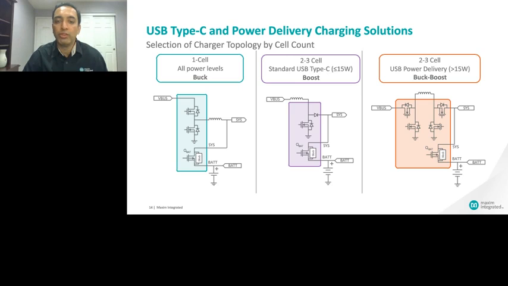So what this means is your output voltage can be either higher or lower than your input source voltage. Because of that configuration, you do need to have a buck boost converter. It would need to be a buck boost charger with a wide voltage range that operates from 5 volts to 20 volts. So that would be the consideration for more than 15 watts of power and a 2 or 3 cell battery.